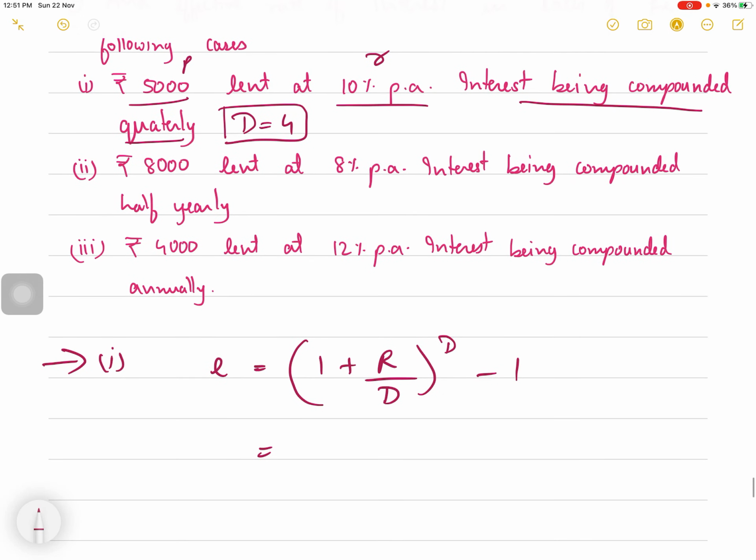So 1 plus 0.025 raised to 4 minus 1. 1.025 raised to 4 minus 1. Let's calculate this.